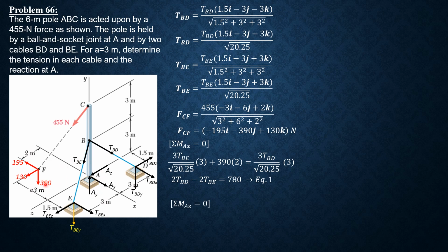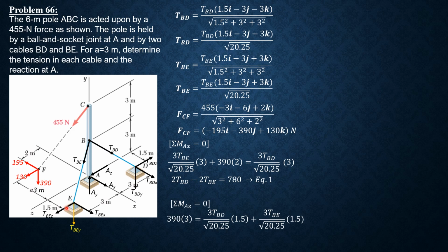So we have positive 390 times 3, then equals TBDY, which is 3 over square root of 20.25 times TBD times moment arm, which is 1.5, plus TBEY, which is also 3 over square root of 20.25 of TBE.